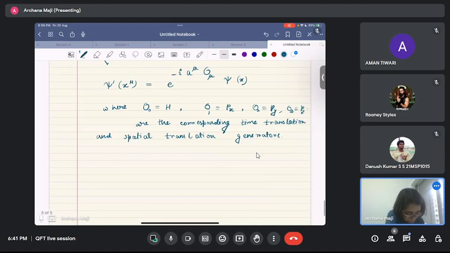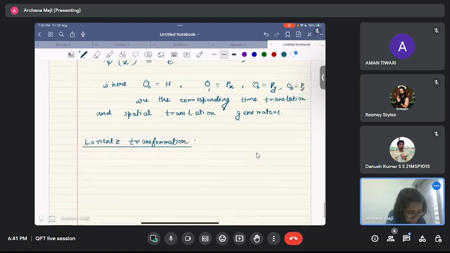Okay. Now let's talk about Lorentz transformation. What is Lorentz transformation?